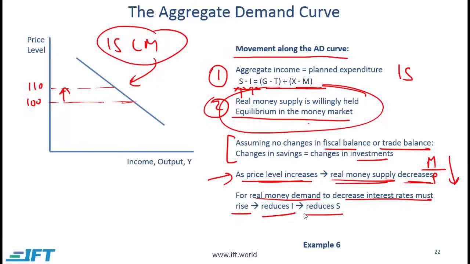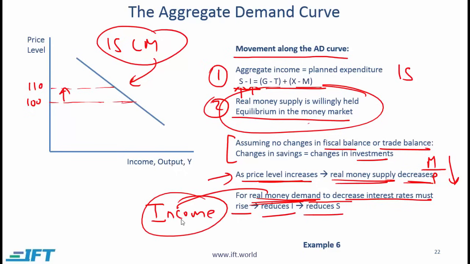Another point is that this decrease in real money demand also needs to be accompanied by a decrease in income. The way you can think about it is that there is a direct relationship between income and real money demanded.